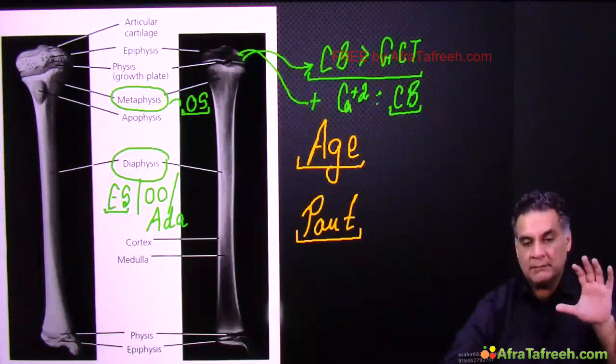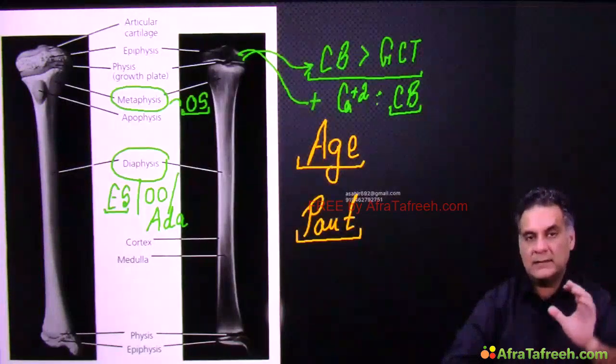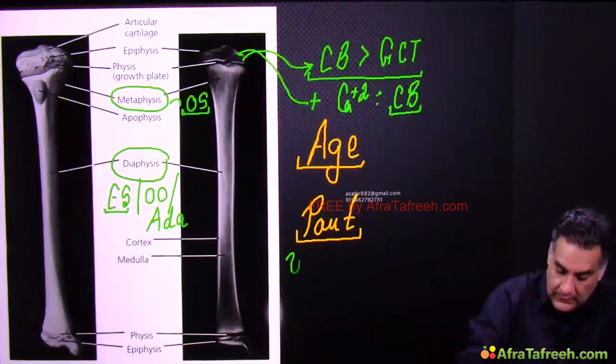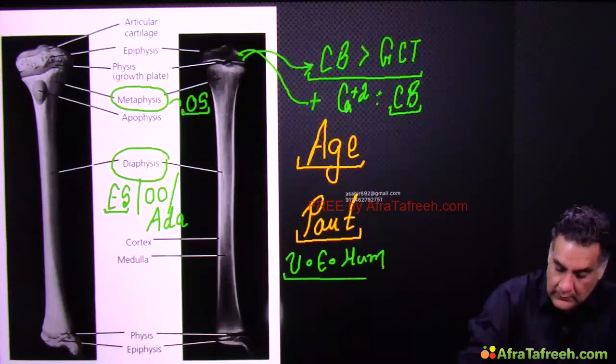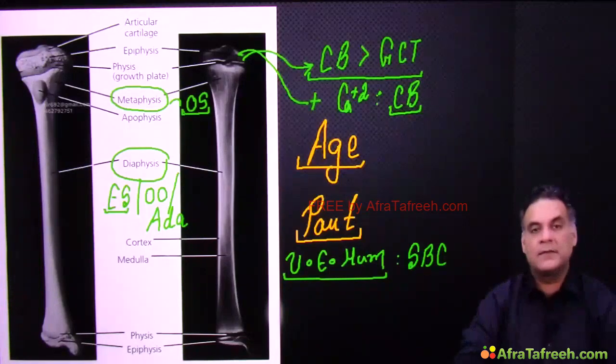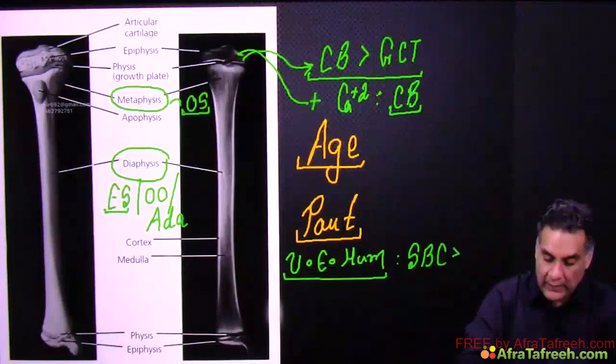This is about the part of the bone. In the body, there are some areas that one should remember, like upper end of humerus, you must remember unicameral bone cyst, also called as simple bone cyst, single cavity cyst, followed by chondroblastoma.